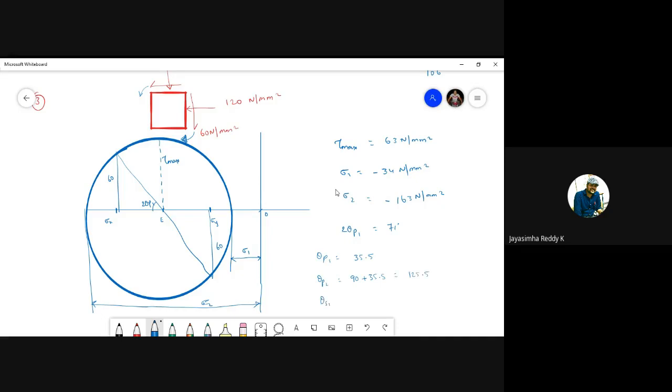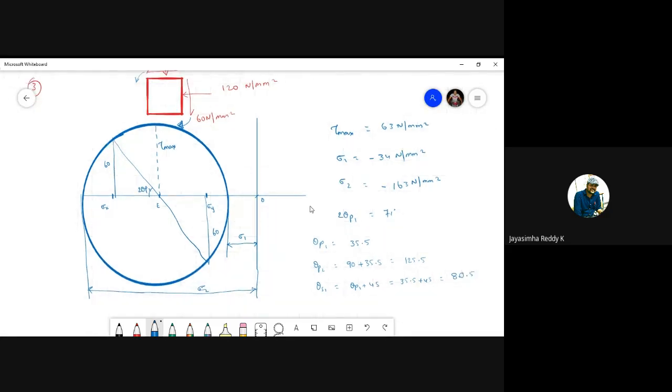And theta s1 is equal to theta p1 plus 45, which is equal to 35.5 plus 45, which is equal to 80.5. And theta s2 is equal to theta s1 plus 90, which is equal to 80.5 plus 90. This is equal to 170.5 degrees.